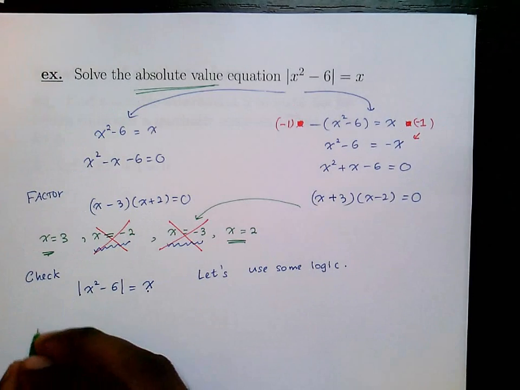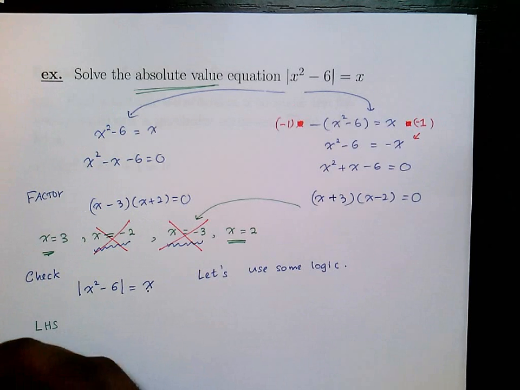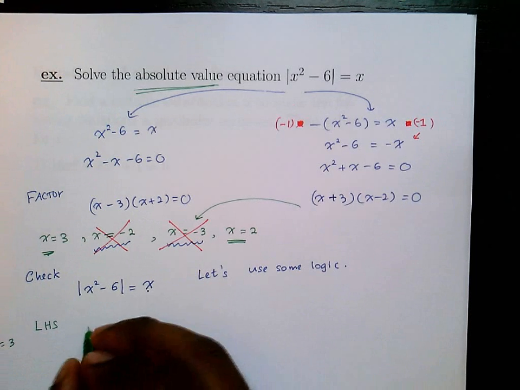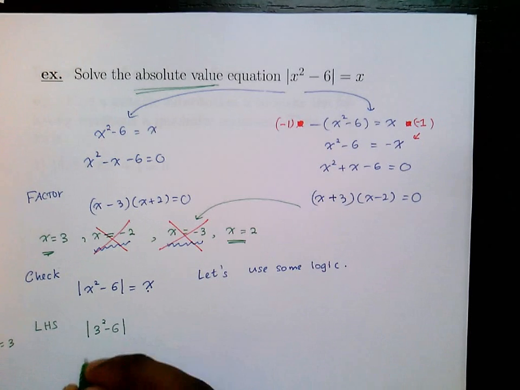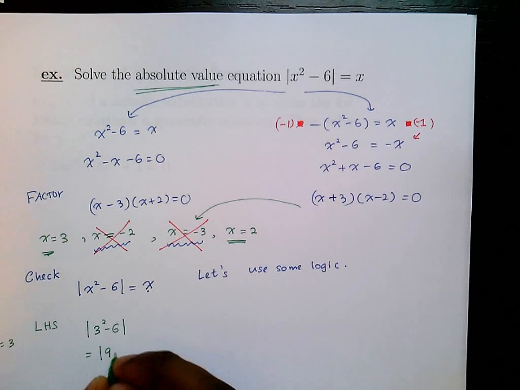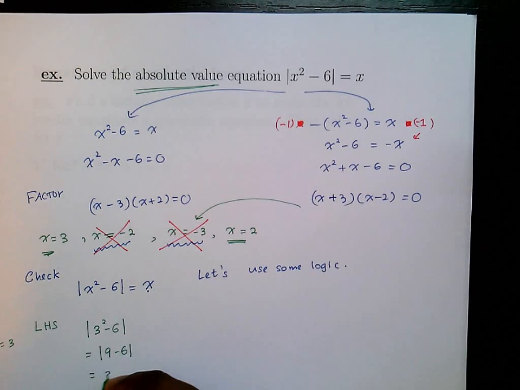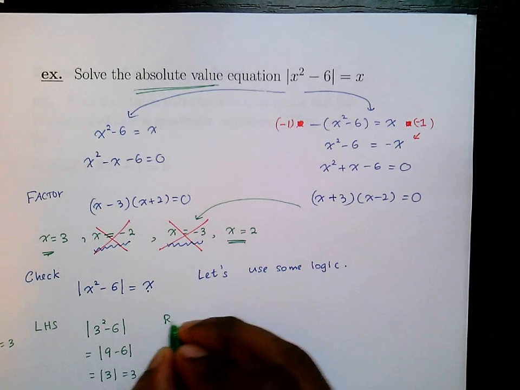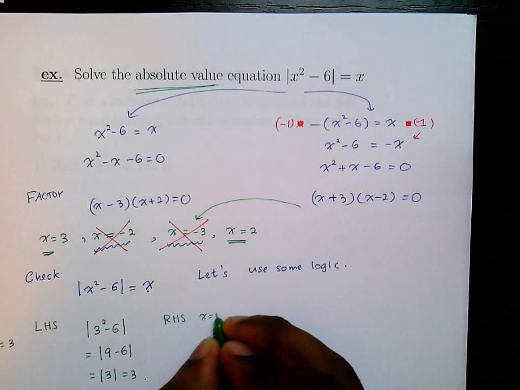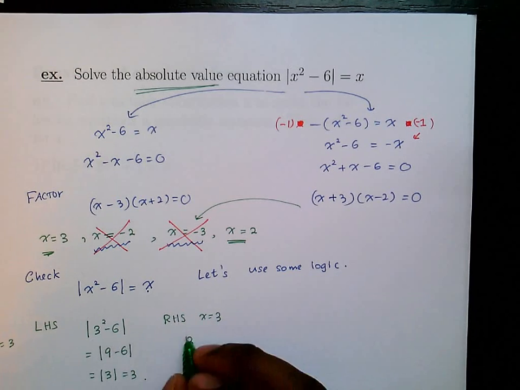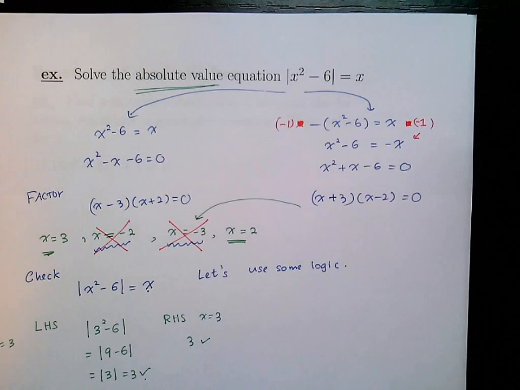Okay. So now let's do the case with x equals 3. You get the absolute value of 3 squared minus 6, which is the absolute value of 9 minus 6, which is the absolute value of 3, which is 3. The right hand side, x equals 3, is 3. So they agree, so x equals 3 is good.